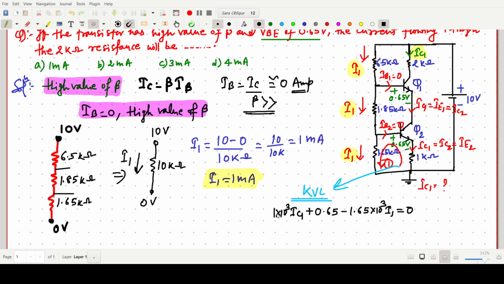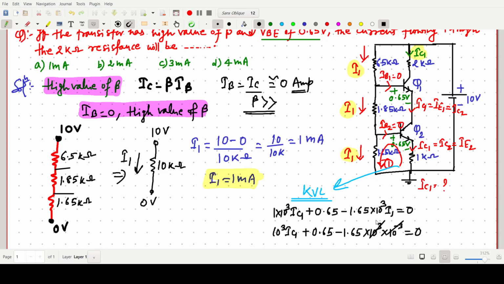You can take minus IC1 plus or minus this one, plus this one, as per your convention, but I am writing like that. So it should be 10 to power 3 IC1 plus 0.65 minus 1.65 into 10 to power 3, and I1 is already known to us, 10 to power minus 3, milliampere. So it should be 0.